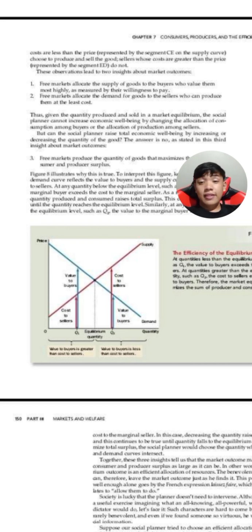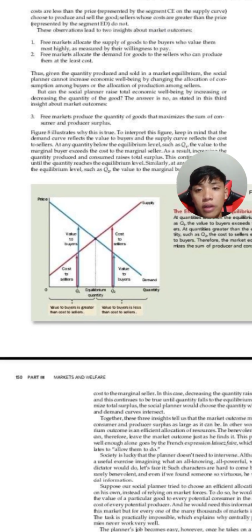So the second is, free markets allocate the demand for goods to the sellers who can produce them at the least cost. And the other idea, thus given the quantity produced and sold in the market equilibrium, the social planner cannot increase economic well-being by changing the allocation of consumption among buyers or the allocation of production among sellers.